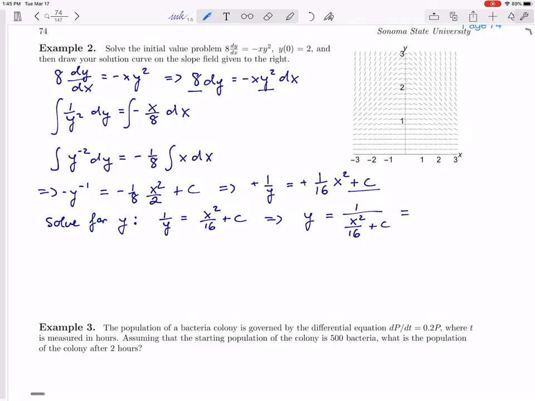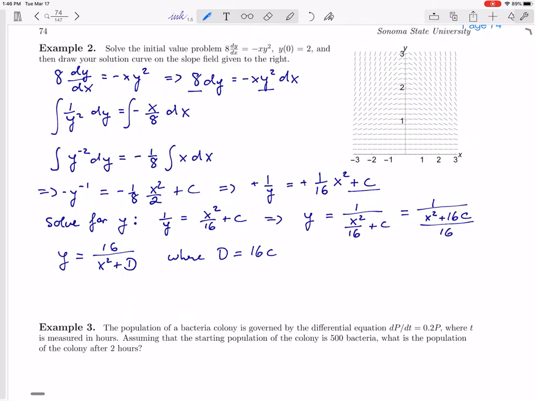And bringing that on a common denominator, I have 1 over x squared plus 16c divided by 16, but that gives me y is equal to 16 divided by x squared plus, I'm going to call 16c equal to d, just to make my life a little bit easier. They're just arbitrary constants, so I'm okay here.